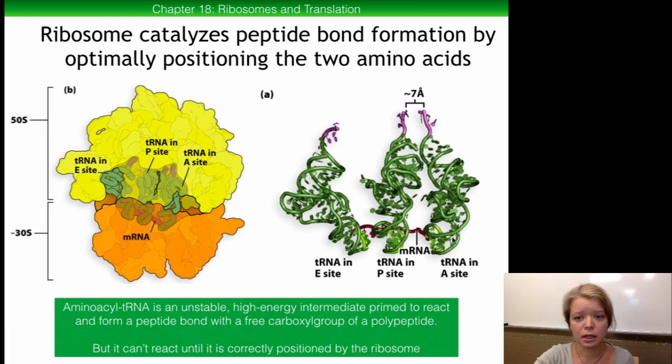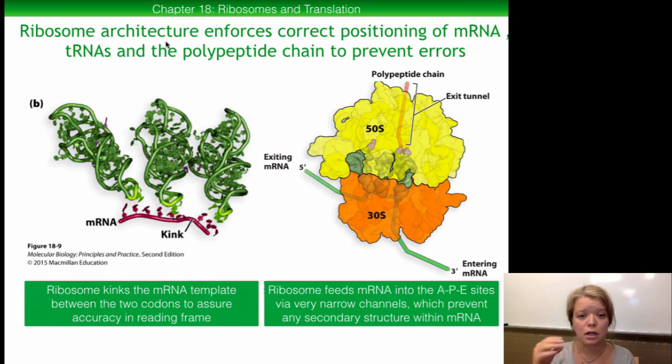Another thing that the ribosome does, aside from positioning the two tRNAs in the A and the P site close together, is assure that the codons are read in triplets and there is no sliding.